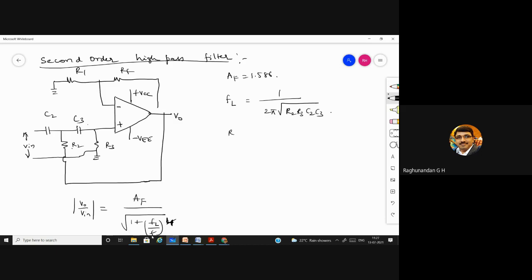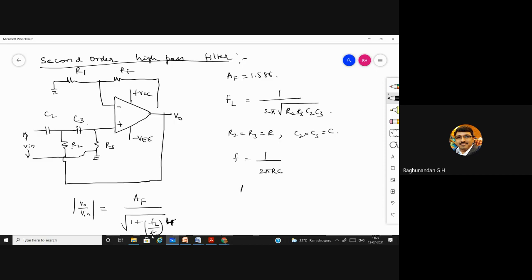Again, if R2, R3 are same and C2, C3 are same, then the above equation becomes 1 divided by 2 pi RC, because this becomes R square C square, and you take the root of that.